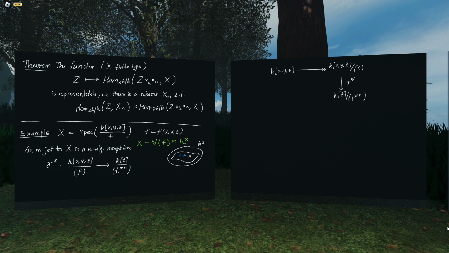A k-algebra homomorphism out of the polynomial ring is completely determined by what it does to x, y, and z. So the data in gamma star is the image of x, y, and z, and then there's some constraint. Okay, so the data of gamma star is what it does to x. We call that x(t).